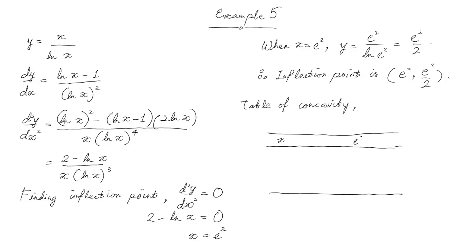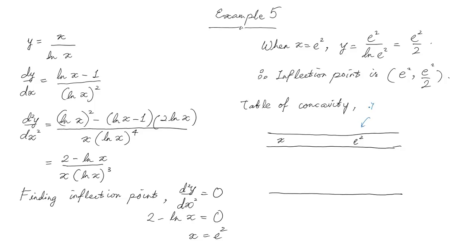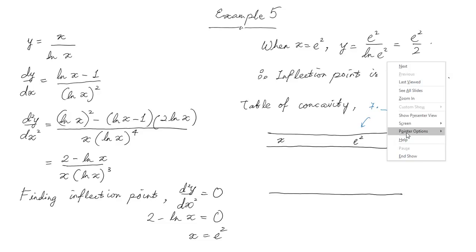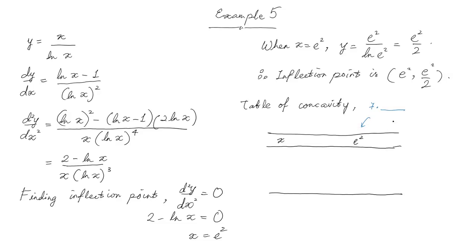I know that it's going to be e squared over here, and then it's a 7 point, yes, something. Let's write it using this blue color. It's a 7 point, can be anything, but knowing that it's a number in between 7 and 8, I can use 7 over here and 8 over here, and this 7 and 8 should not be making this function undefined, whether it's y or d2y/dx2. So it's really safe to be used over here.